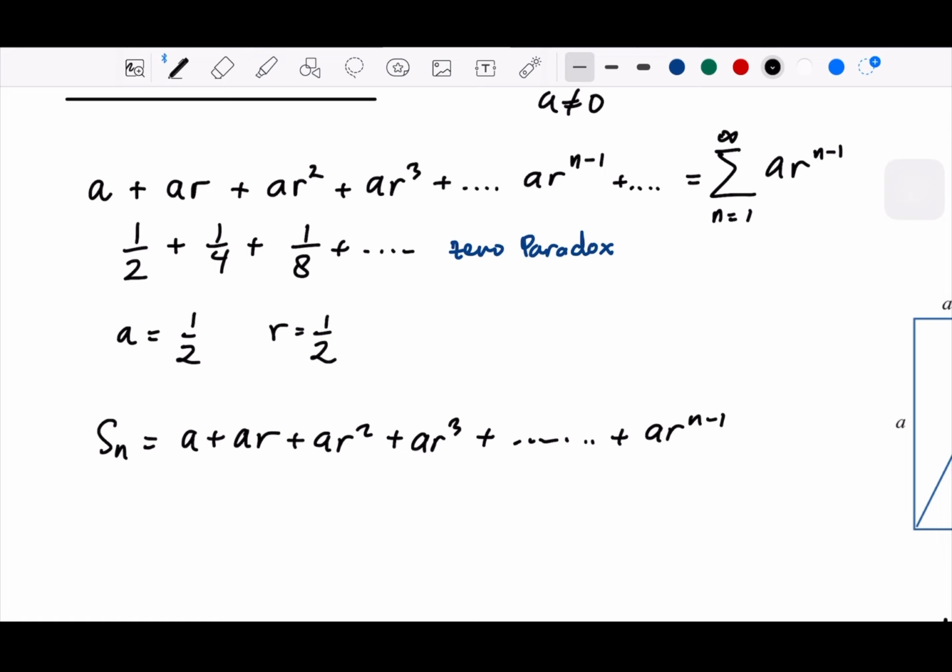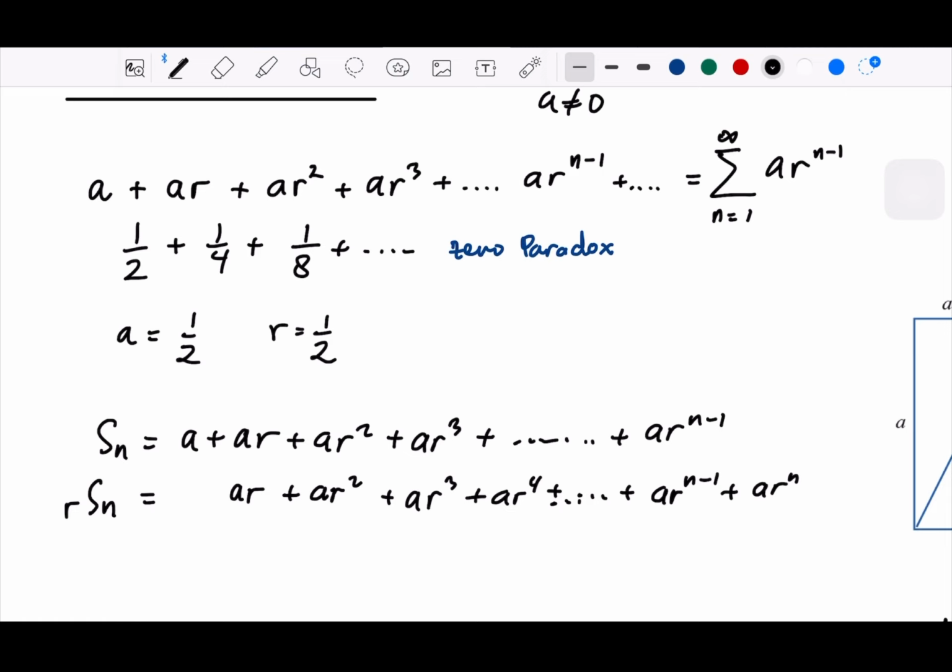To get the sum formula for the geometric series, this is usually what we do. We multiply Sn with R. So all the things inside will be multiplied with R. Let me write a little bit to the left. So A becomes AR plus AR squared plus AR cubed plus AR to the 4 plus up to AR to the n minus 1 and plus AR to the n.